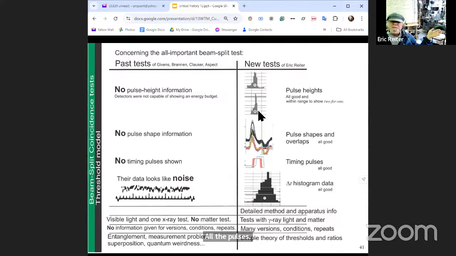The histogram of pulse heights is all displayed as to what I'm using. Their data looks like noise, and mine looks like something happened. So that's the comparison where I stand. And what this ends up with is that there is no entanglement.